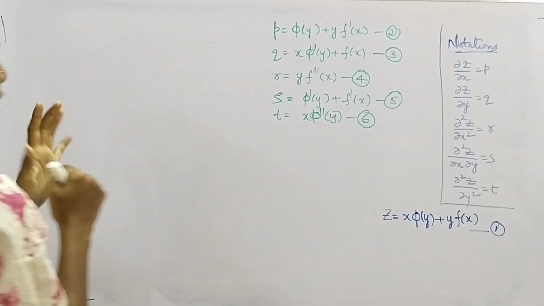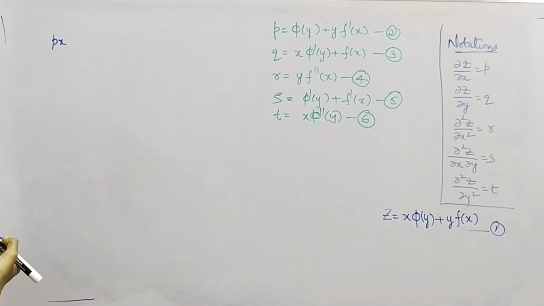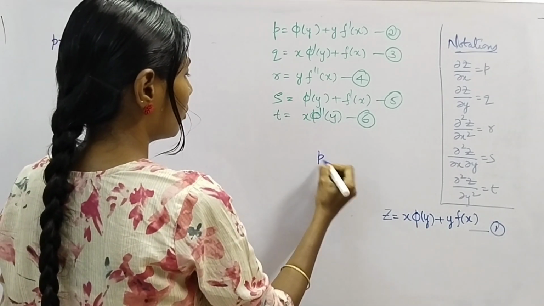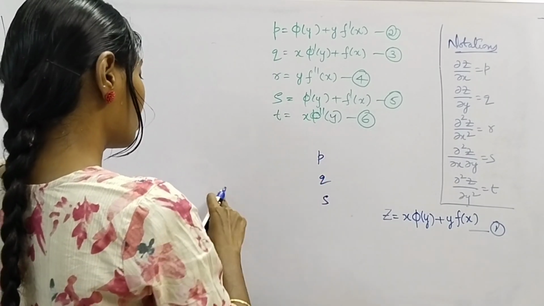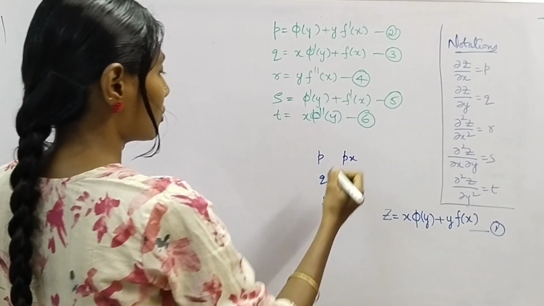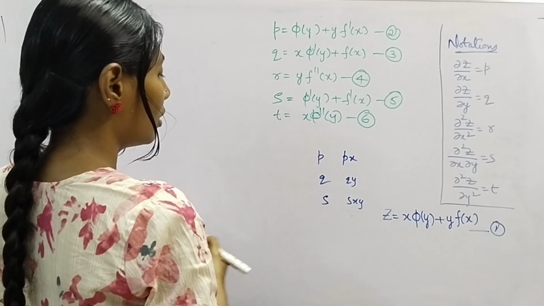You are confused, right? I'll show you. In order to find the partial differential equation, we have p, q and s, right? Sometimes we will just do px, qy and xs.